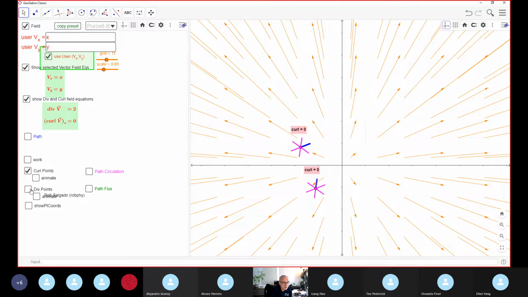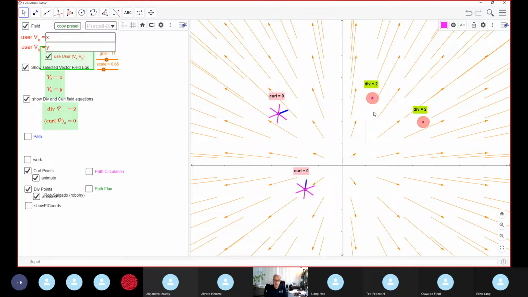Another way to visualize this application is fantastic because it gives me information about the curl and divergence with animation. Look, this is the point I want to select. I drag, and in animation, look at that. What is the interpretation of this? You see in this point the divergence is 2, totally independent of the point I select, it's always 2.